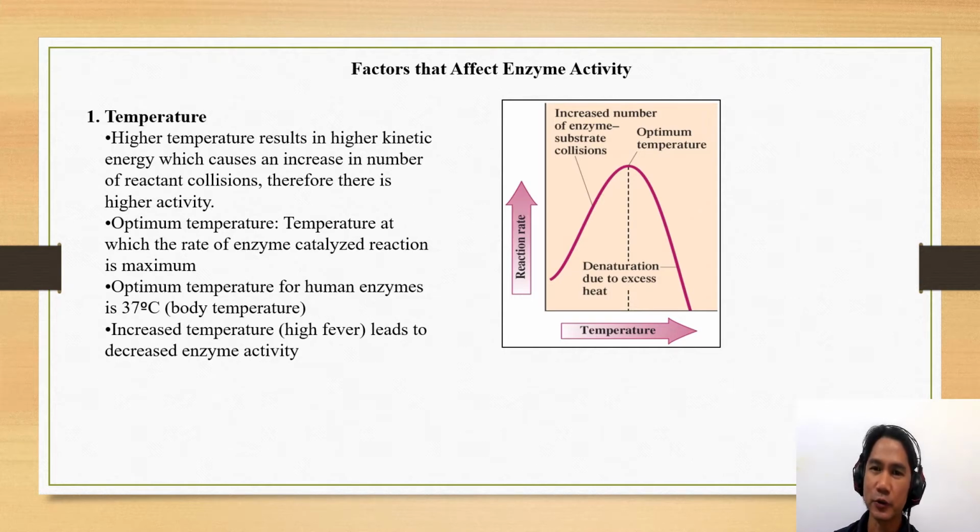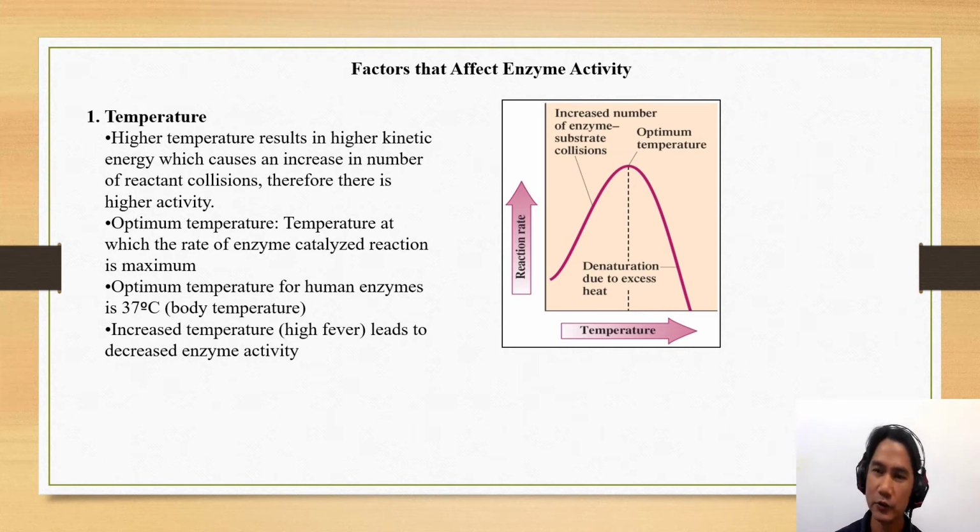Higher temperature results in higher kinetic energy, which causes an increase in the number of reactant collisions. Therefore, there is higher activity. For example, as you increase the temperature, the molecules move faster because of energy transferred to them.